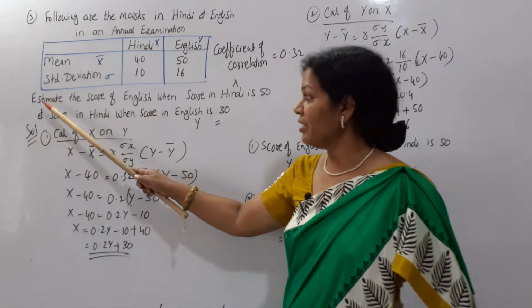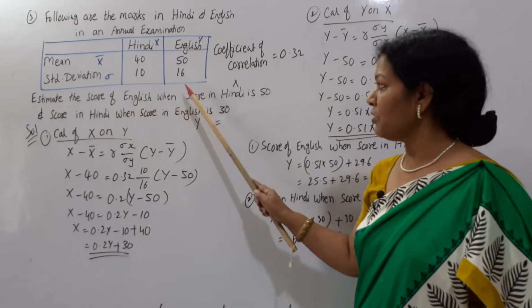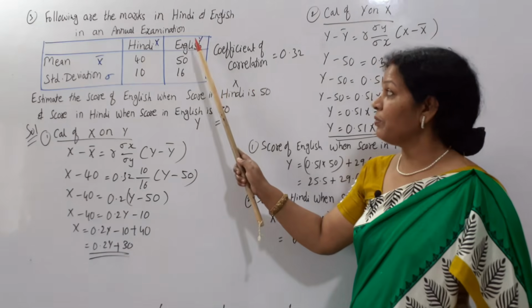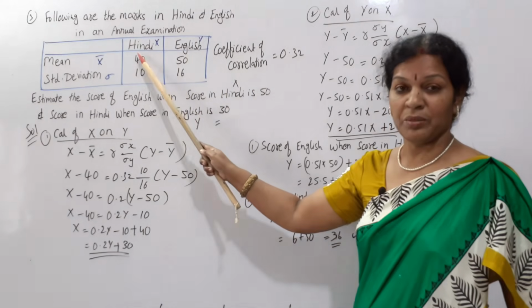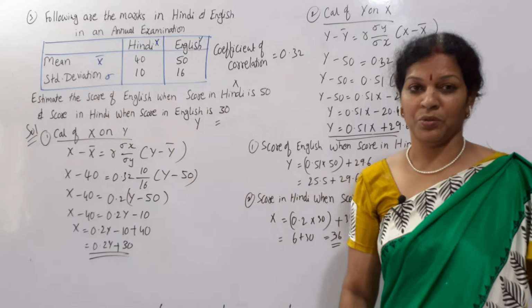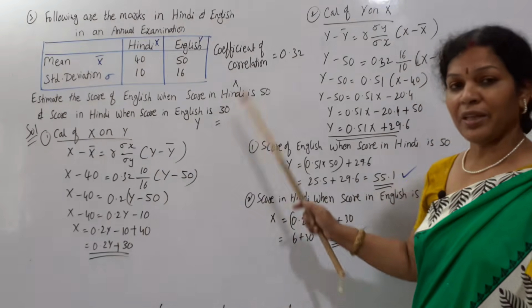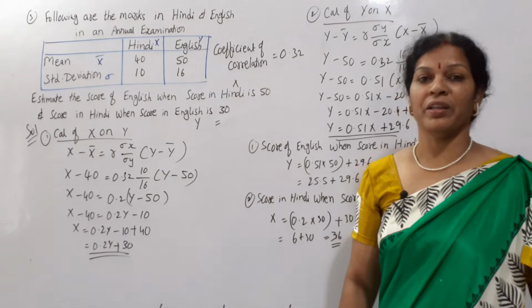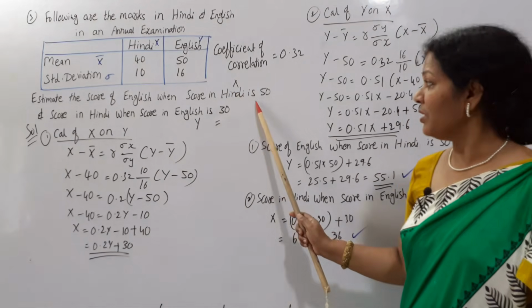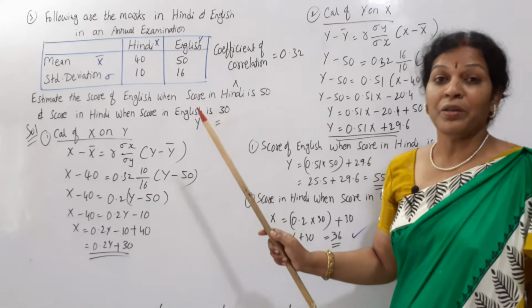What they are asking: estimate the score of English when score in Hindi is 50. When 50 score in Hindi means when x value is 50, find out the y value. As we have done the calculation of x on y and y on x, when x is 50, find out y value.